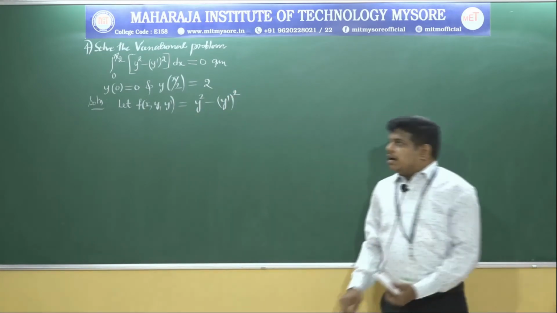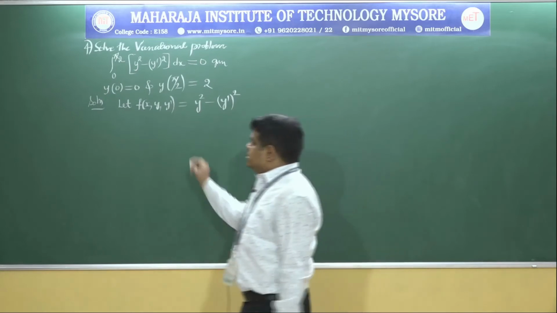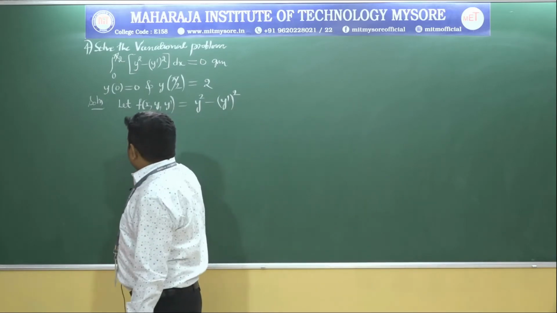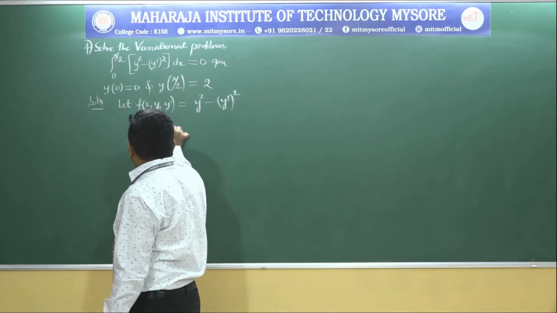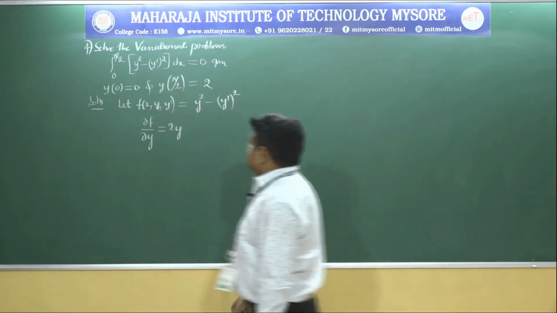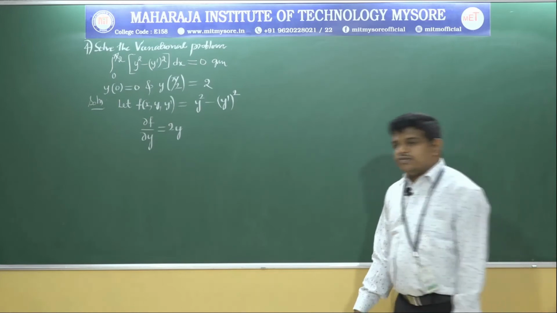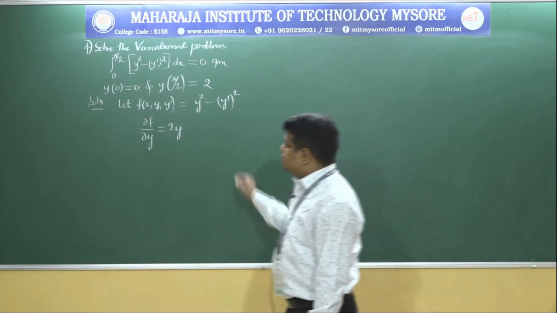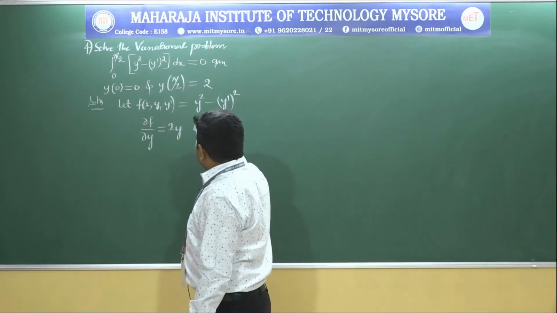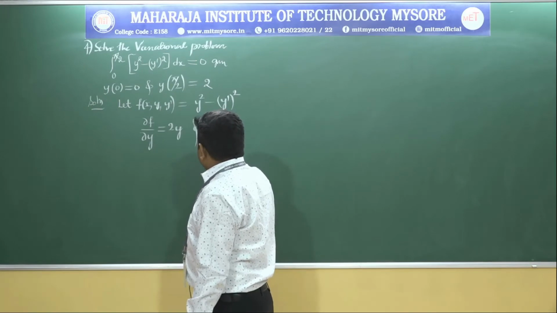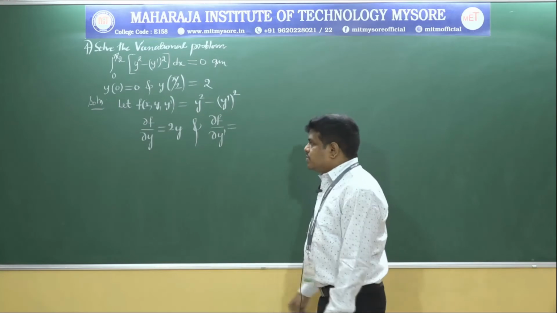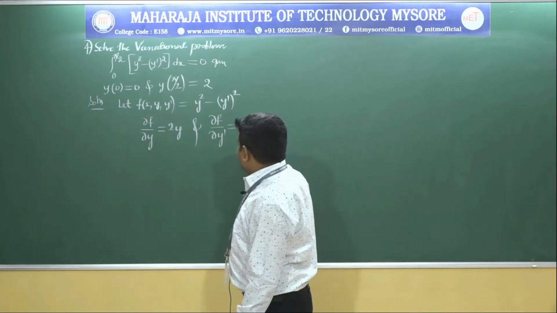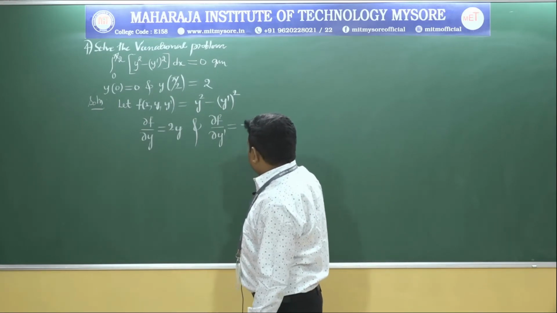Now, partially differentiating f with respect to y, we get dou f by dou y equals 2y, since y dash is constant and on differentiating partially it becomes 0. And dou f by dou y dash: since y is constant, the first term becomes 0, so dou f by dou y dash is minus 2y dash.